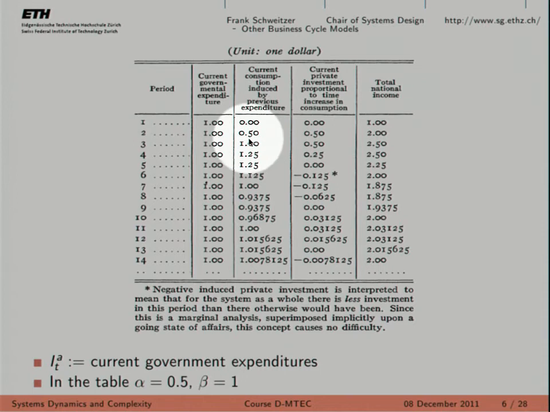Let's consume half of it. We consume half of it. There is now a differential in consumption of 0.5. Therefore, the induced investment would be 0.5. The government still keeps investing $1. Therefore, the total output of the economy would be $2. And in the same way, you can go on and you see what happens to the total output.